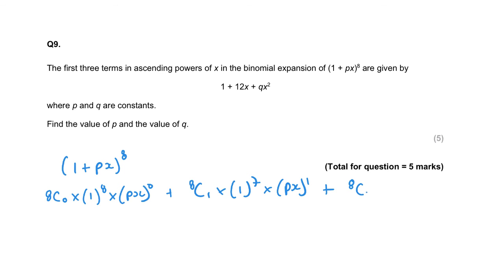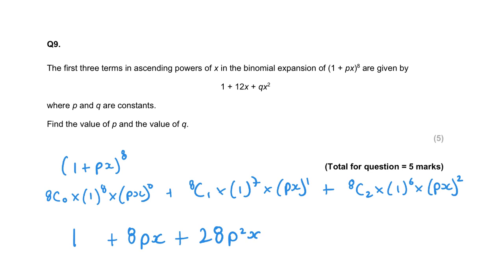Plus 8c2 times 1 to the power of 6 times px to the power of 2. So I'm going to get 1 plus 8px plus 28 p squared x squared plus dot dot dot.